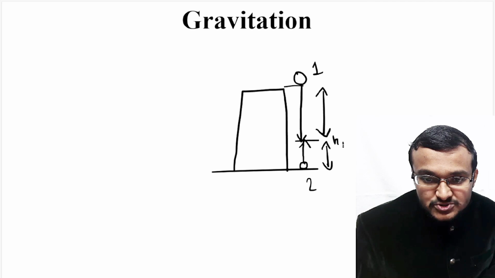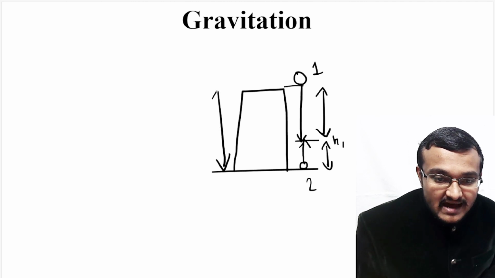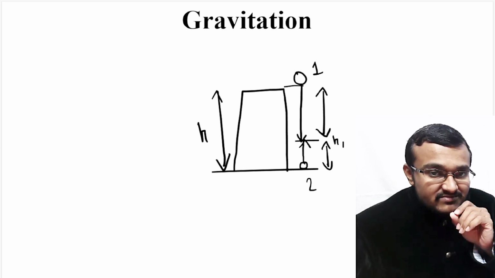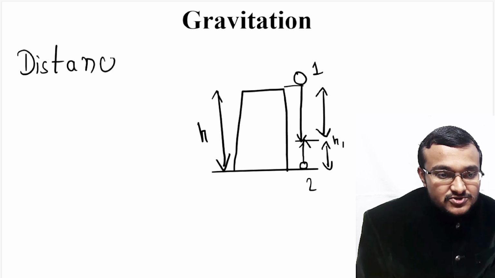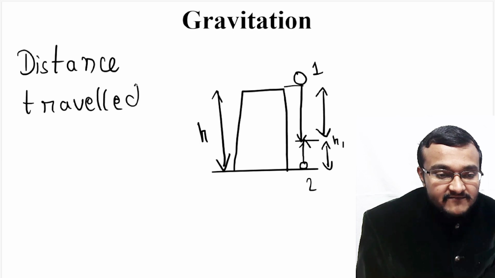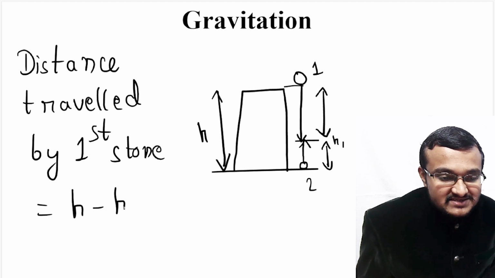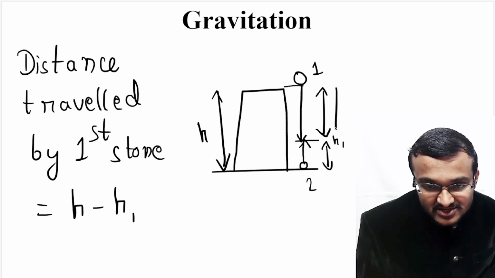So this is h1, the height h1. The total height of this building is called h. So the distance traveled by the first stone is equal to h minus h1, because it has traveled this particular distance.